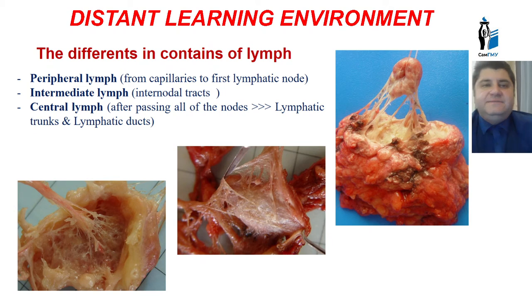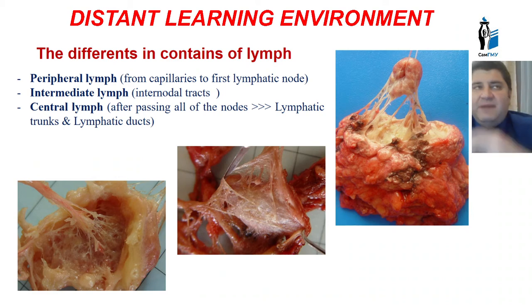What is the difference in the contents of lymph? We must say that lymph passes inside the lymphatic vessels and has different composition. As I told you, it forms in tissues, and this fluid is called peripheral lymph. It goes from capillaries to the first lymphatic node.